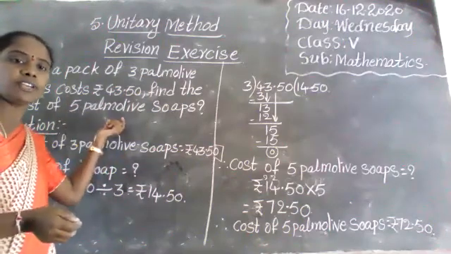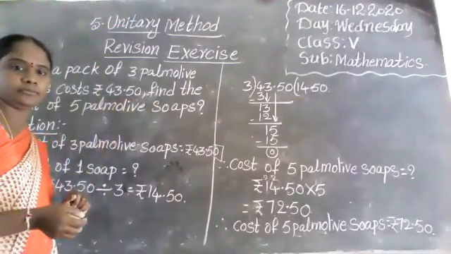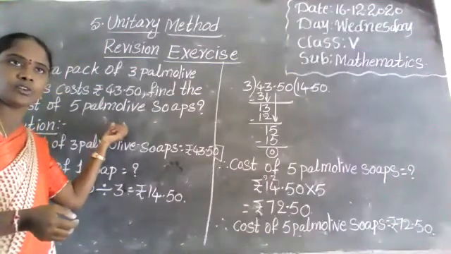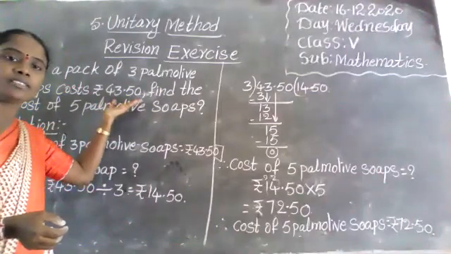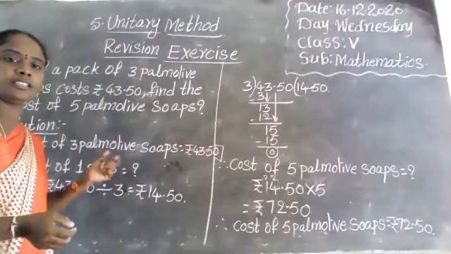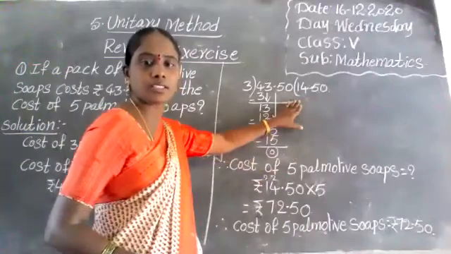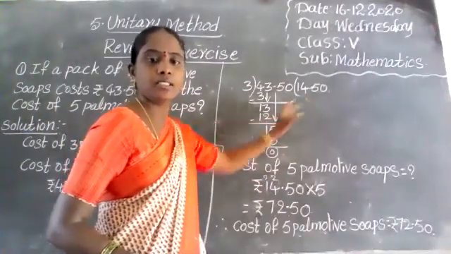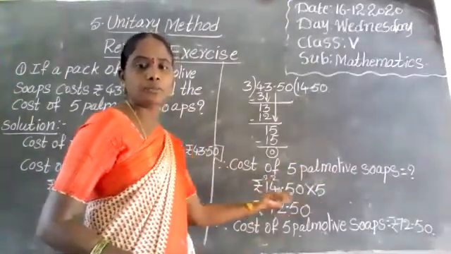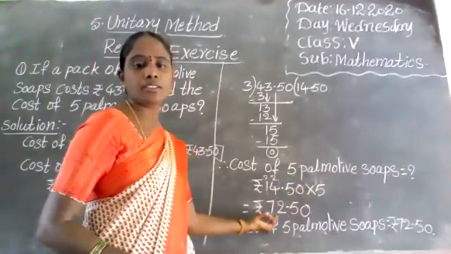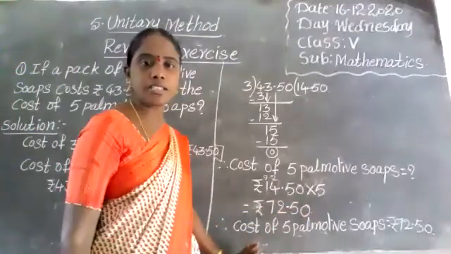First of all, we have to find the cost of one soap. 43 rupees 50 paise divided by 3. Then we get the cost of one soap, 14 rupees 50 paise. Then we find the cost of 5 soaps. Multiply by 5. 14 rupees 50 paise into 5. What is the answer? 72 rupees 50 paise. Okay? Did you understand, children?